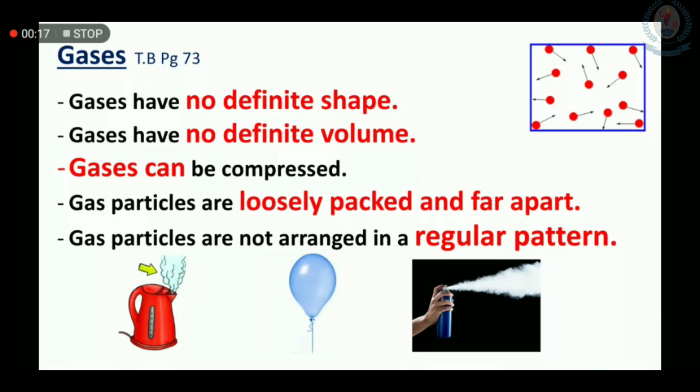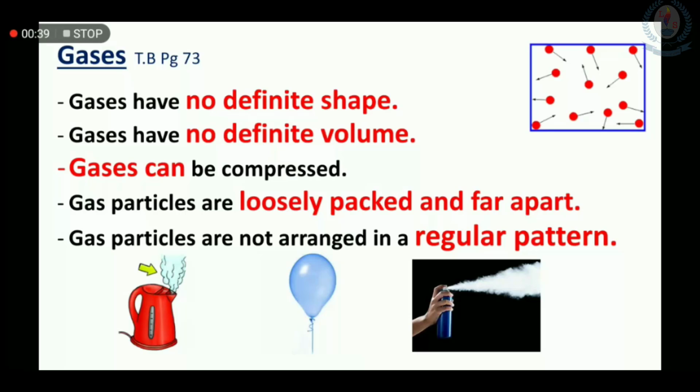After that, now let's see what are the characteristics of gases. The gas particles are loosely packed and far apart from each other. A regular arrangement cannot be seen at all among these particles.